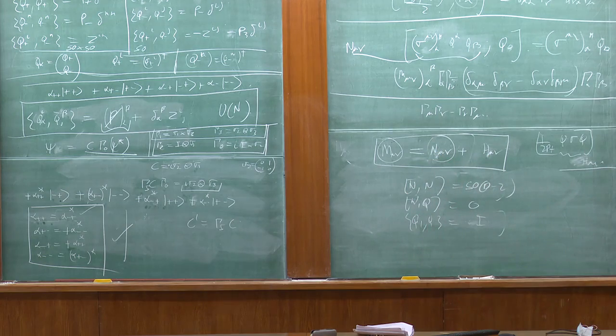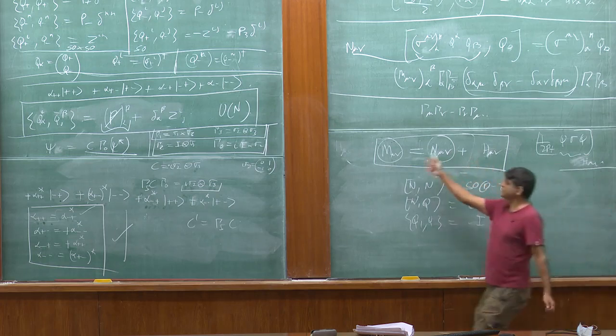Okay, your objection goes away, Sunil. Right, because there's no cross term, because H was built out of Q's, and L by definition commutes with Q's. Okay, so this construction gives you the correct M with M commutation relations.